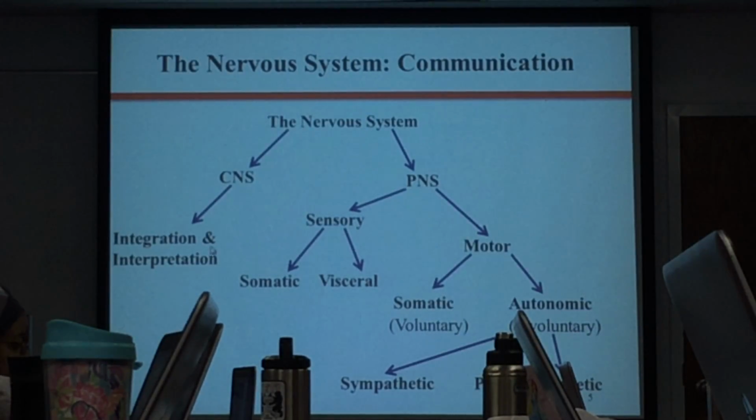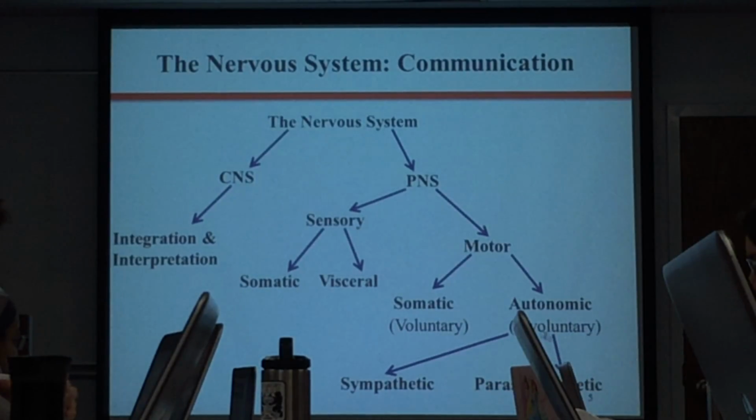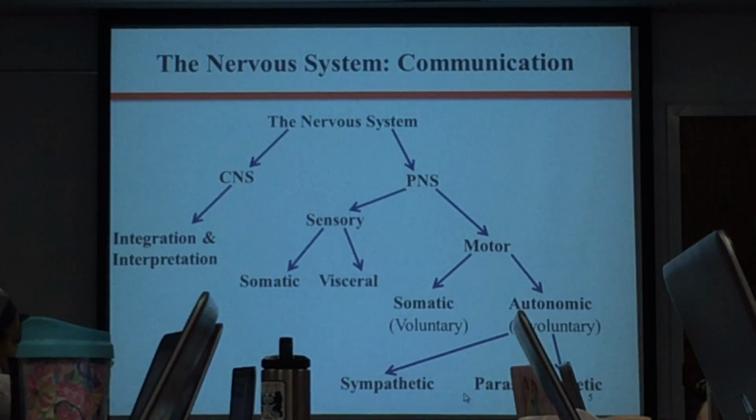Okay, so once the information is in the brain, it gets interpreted and processed and sent back to the peripheral nervous system. So when it's sent back to the motor neuron in the peripheral nervous system, the motor neuron usually innervates different parts of the organ in the body. So then it signals that you need to react. Okay, so we have somatic, we have autonomic system. And then the sympathetic and parasympathetic controls the balance of the movement.